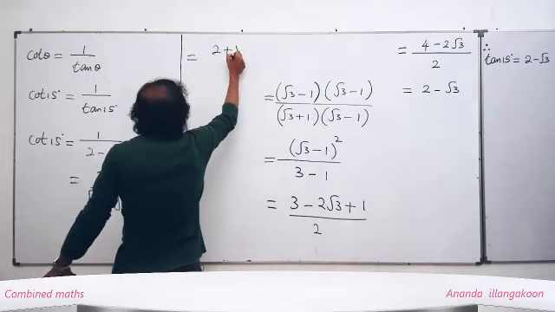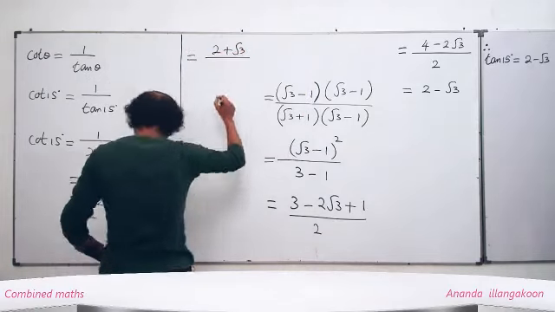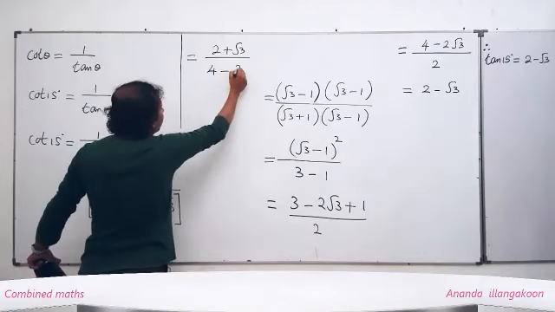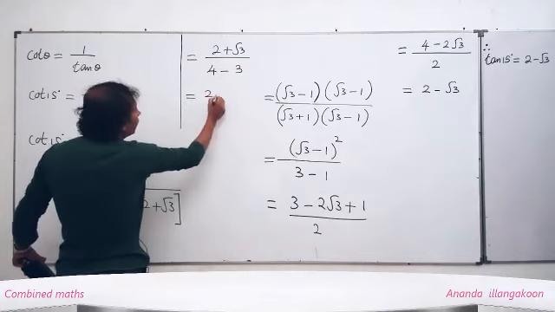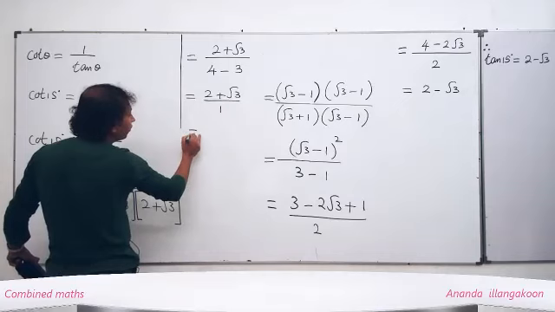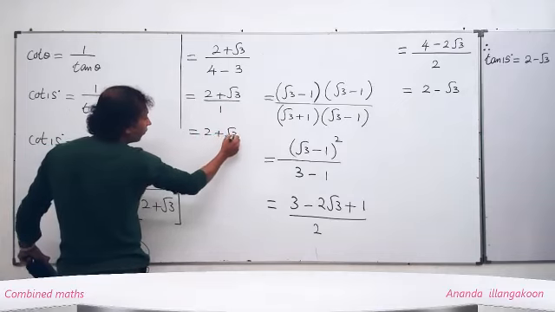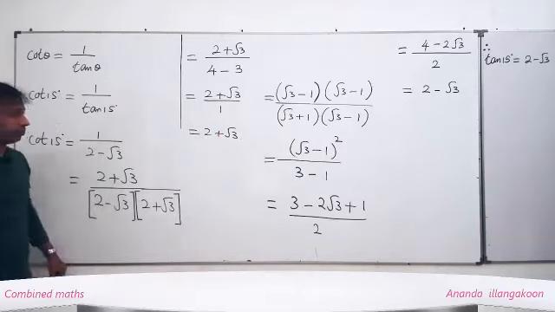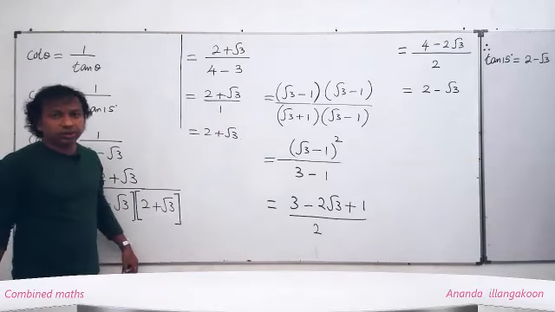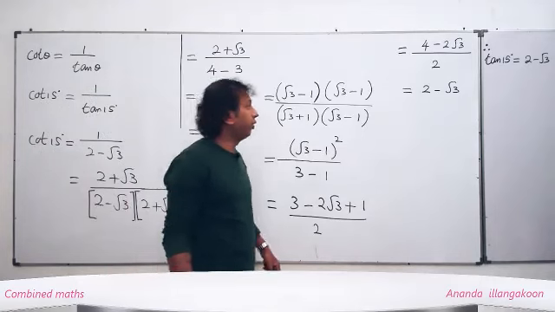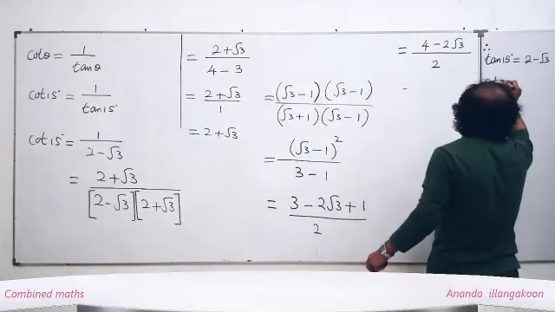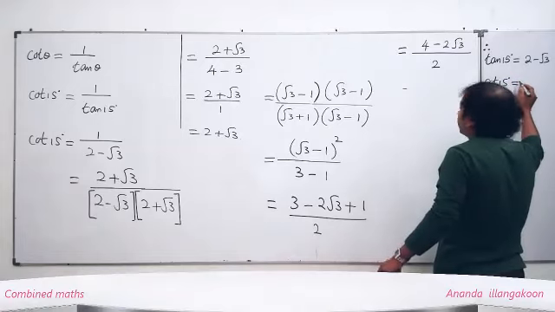Two plus root 3 divided by, people, 2 squared 4 minus root 3 squared is 3. 2 plus root 3, 4 minus 3 is 1. This is nothing but, people, 2 plus root 3. Okay, both tan 15 and cot 15 we found. Cot 15 is, people, 2 plus root 3.